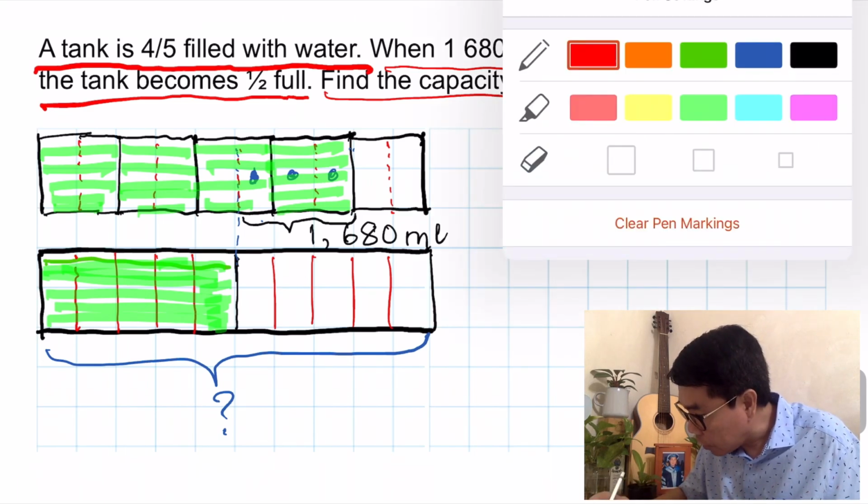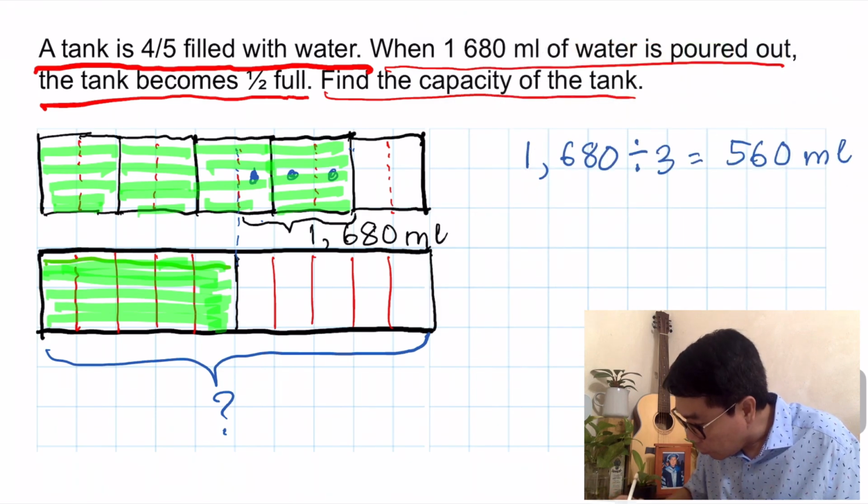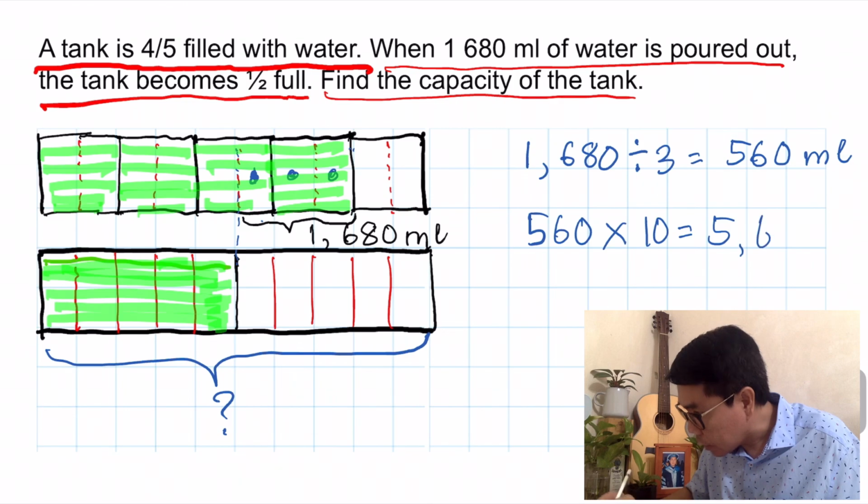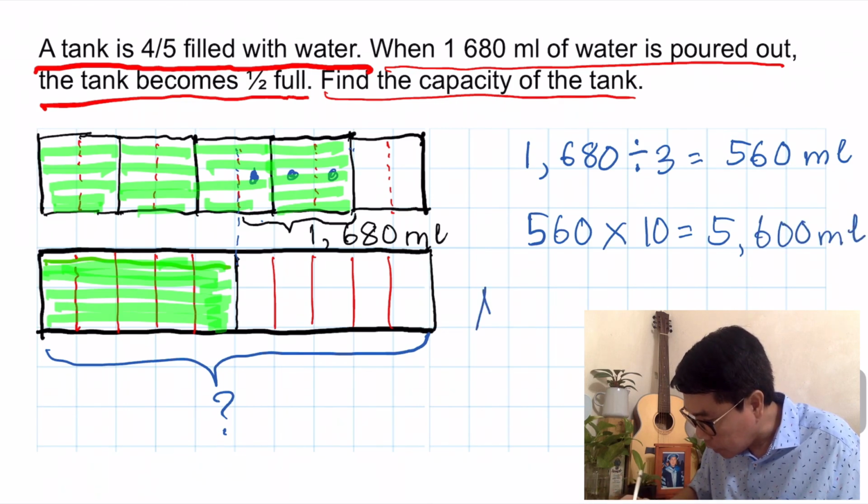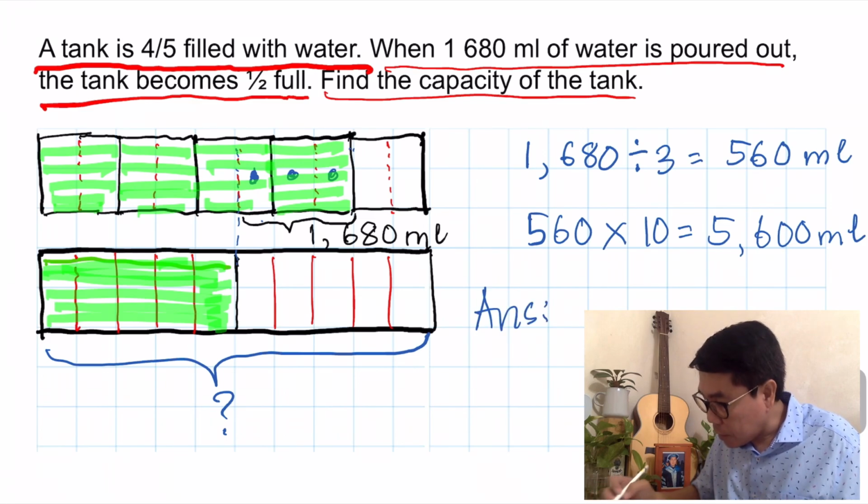So therefore, we have to multiply 560 times 10 is 5,600 ml. Okay, so our answer is, find the capacity of the tank.